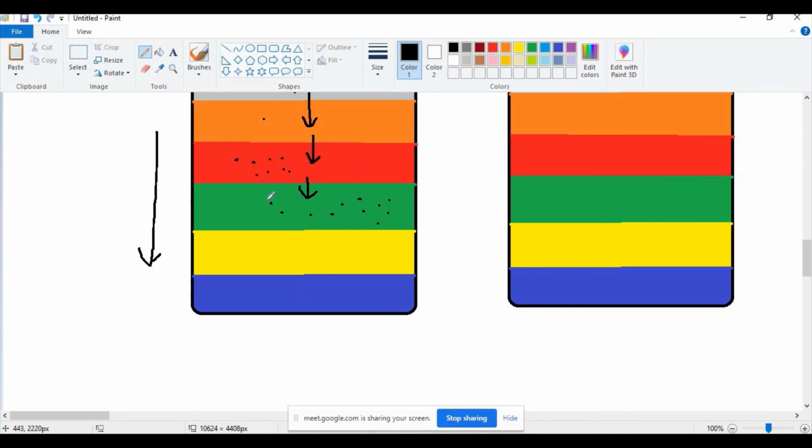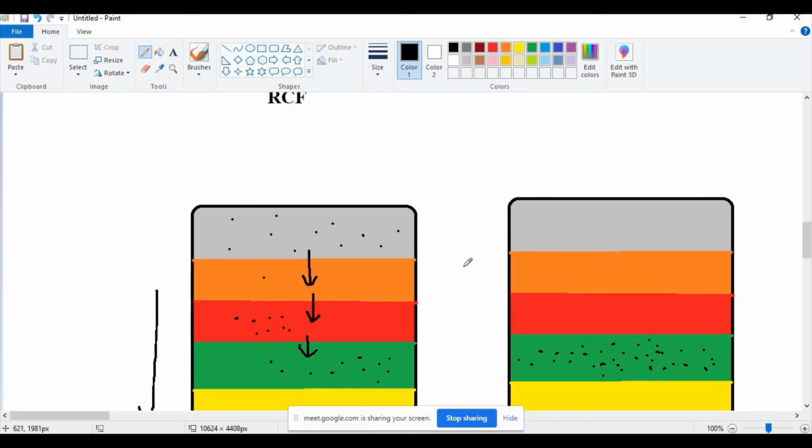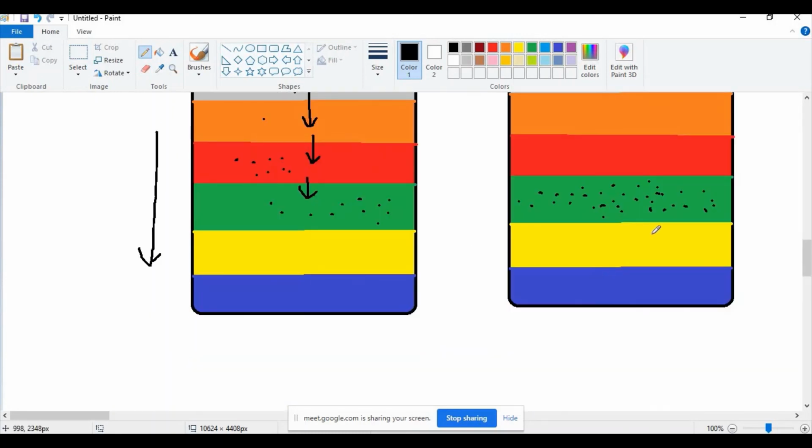Once you stop the centrifuge machine, you will find that these viral particles have concentrated at this green zone. Earlier these viral particles were uniformly distributed, but now after centrifugation they are concentrated at this region.